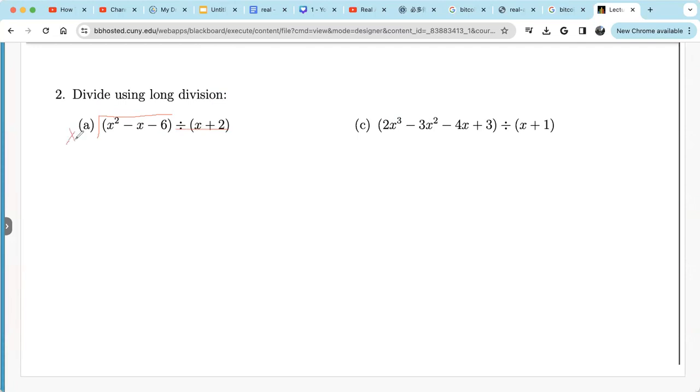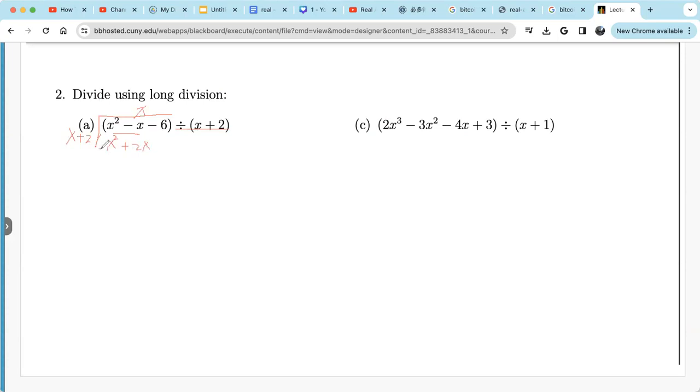So x plus 2 here. Now we take 2 terms. We use the leading term divided by x. We get x, quotient x. X times x gets x squared. X times 2, 2x, plus 2x.